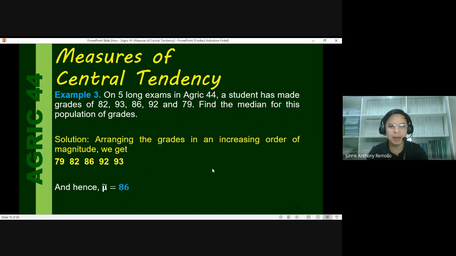Hence, the median is 86. And we use mu tilde since this is a population of grades. Since the number of values is odd, because there are 5 values, we could easily pinpoint the median.